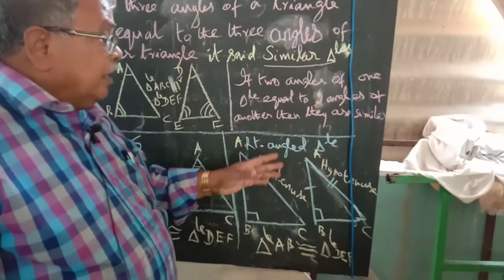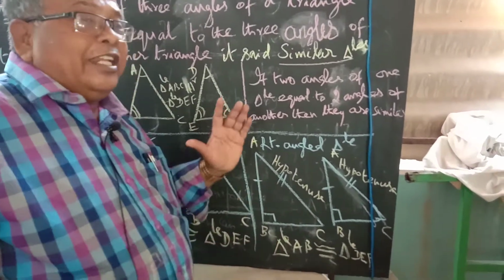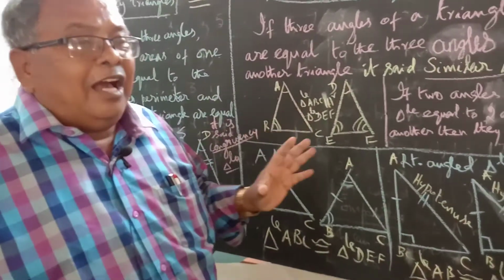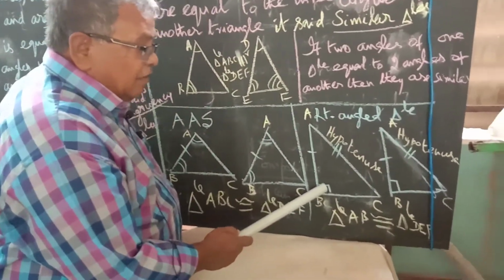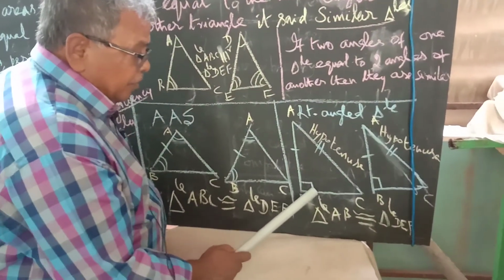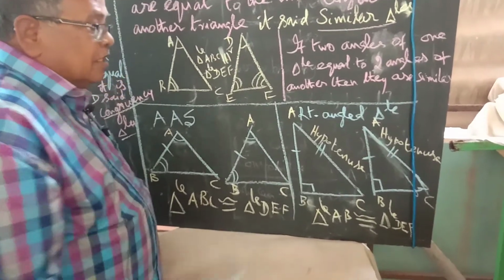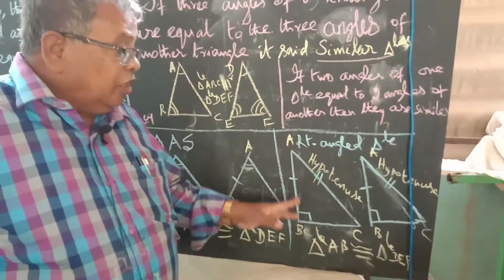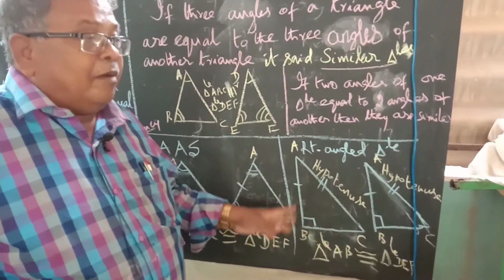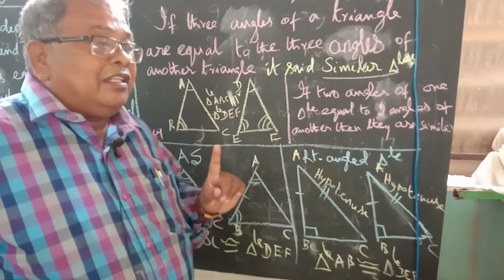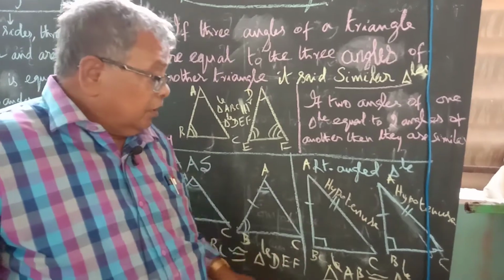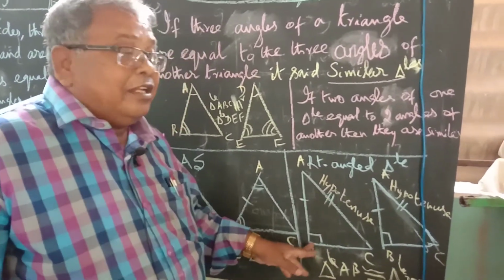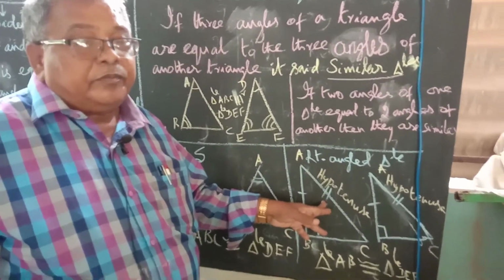Similarly, consider a right angle triangle. What is a right angle triangle? Among the three angles, one angle should be 90 degrees. The 90 degree angle is marked with this symbol. If one of the three angles is 90 degrees, then it is said to be a right angled triangle. The side opposite to the right angle is called the hypotenuse.